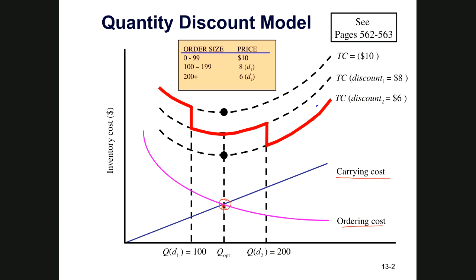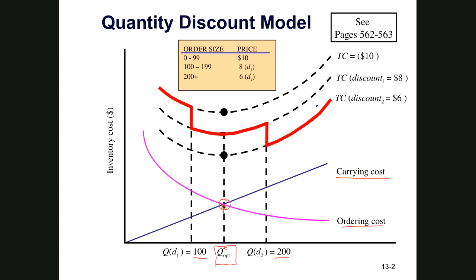And in this case, you can see that optimal value in this example occurs between 100 items and 200 items. And so once we compute our Q star, it says Q optimal, but this is Q star.